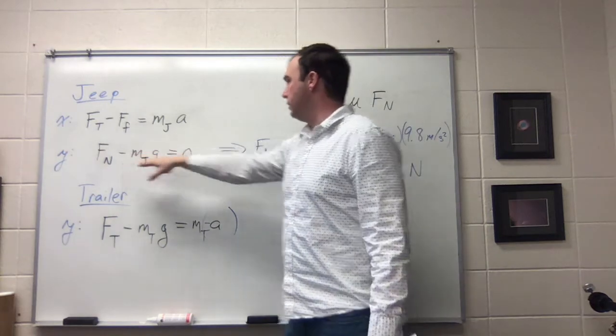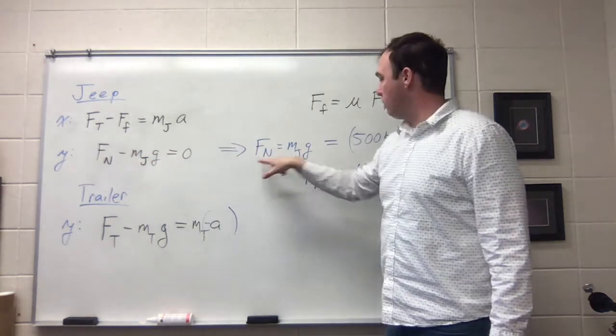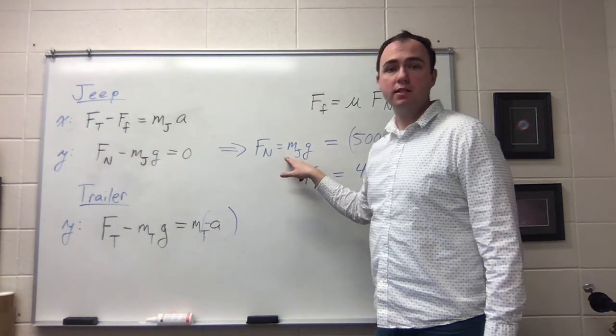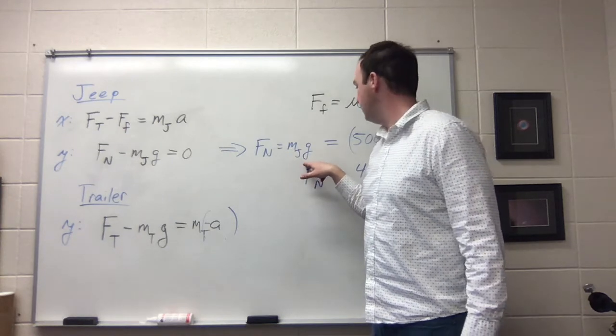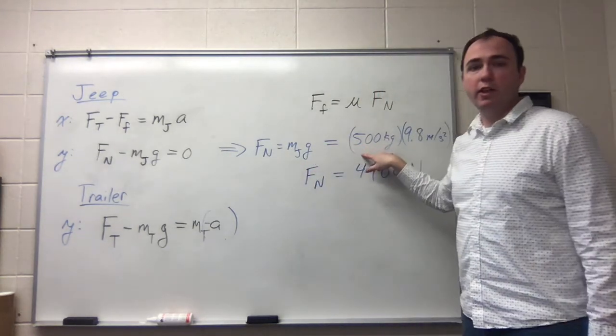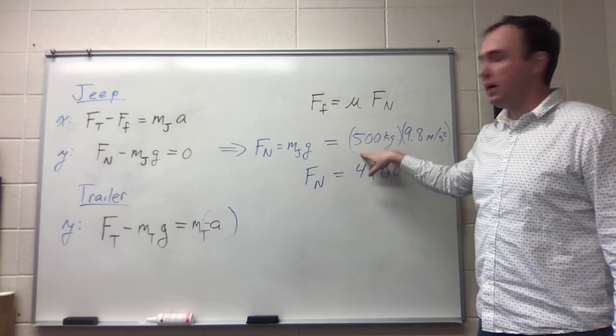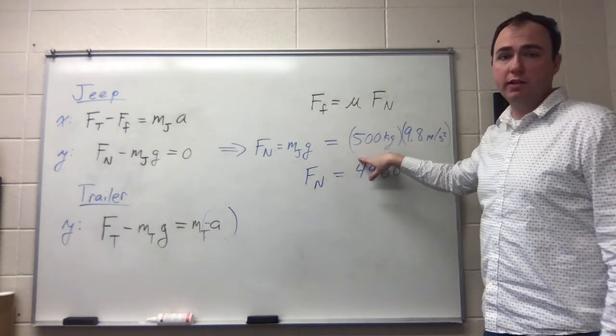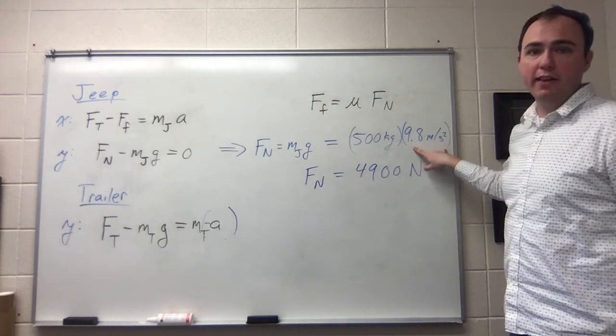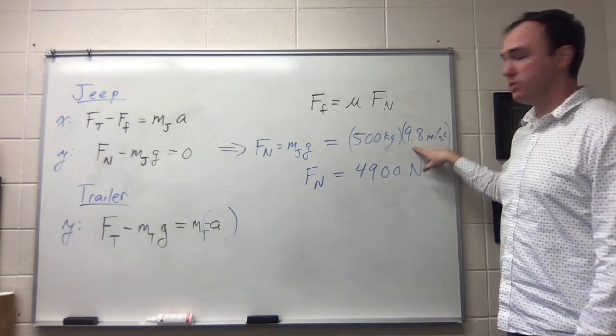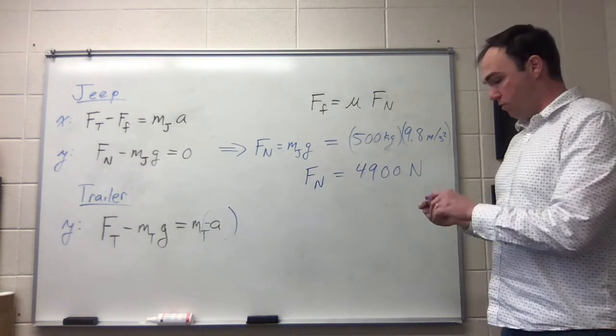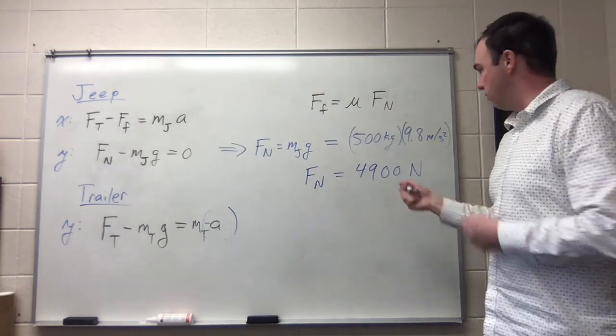So simple rearrangement shows me that the normal force is equal to the mass of the Jeep times the acceleration due to gravity, and I can plug in what I know there. So I know that the mass of the Jeep is given as 500 kilograms, multiply that by g, 9.8 meters per second squared. That gives me a normal force of 4,900 newtons.